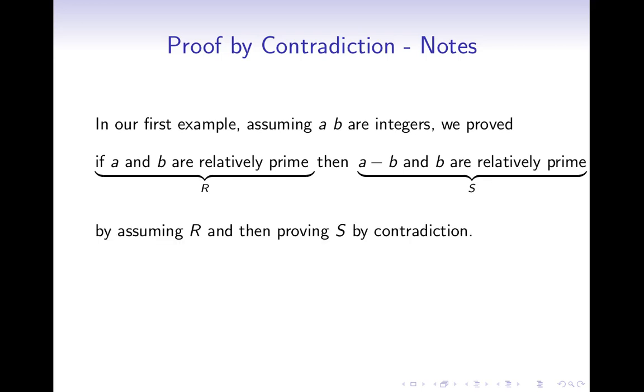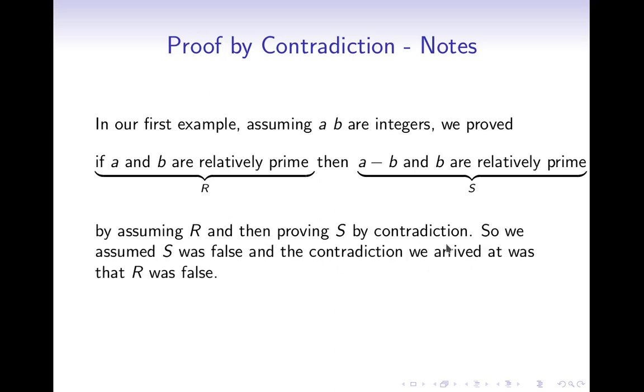So we did this by assuming R and then proving S by contradiction. So we assumed S was false, and the contradiction that we arrived at was that R was false. So basically the proof consisted of assuming S was false and showing R was false.